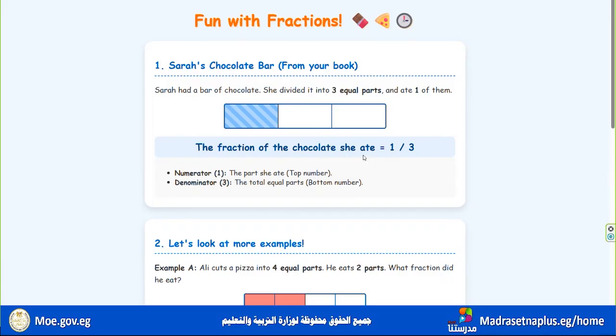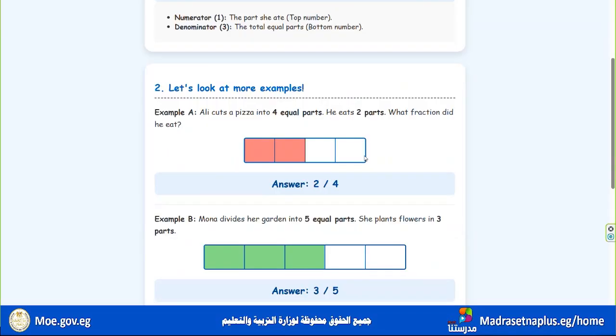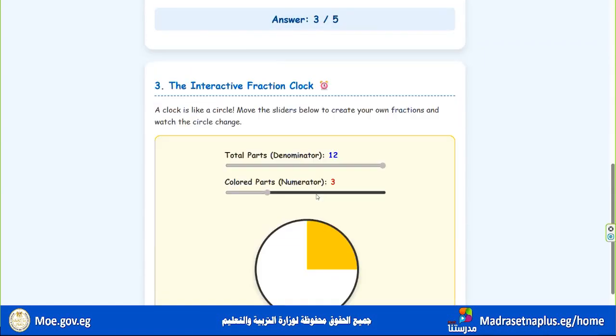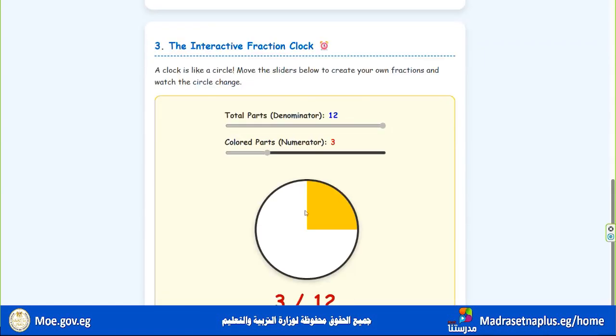Next one, Ali cuts a pizza into 4 equal parts. So Ali eats 2 parts. So I shade 2 parts of 4, it's 2 fourths. Now let's divide this circle into equal parts.